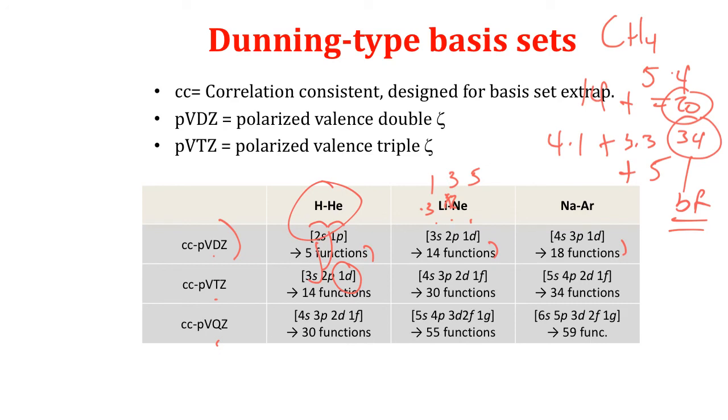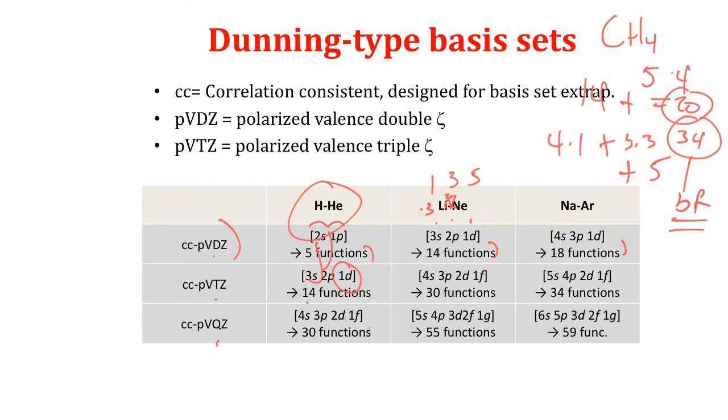Okay, and so what it's going to do, it's going to increase the 3 plus 6 plus 5 for 14 functions. And then the same thing, the triple zeta for the second row adds another set of S and P and D, and then adds in the F functions.